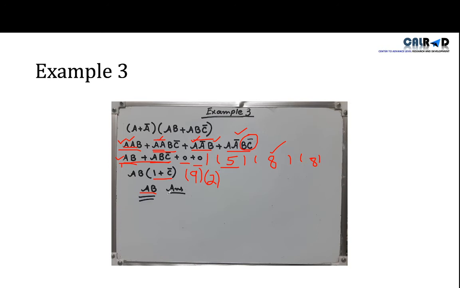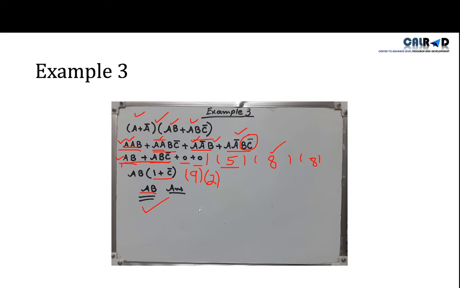So now you can see that here we would be using 1 gate, 2 gates, 3 gates, combining 4 gates, but after simplification we only use 1 gate.